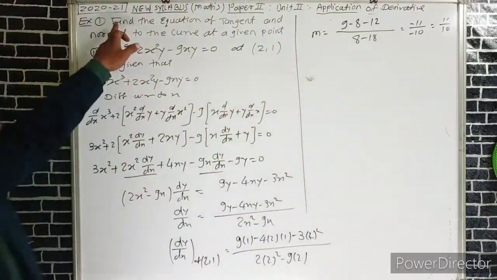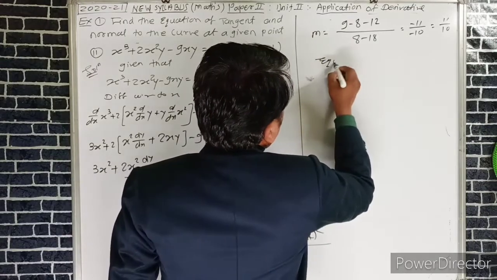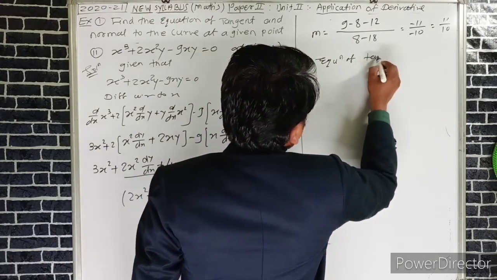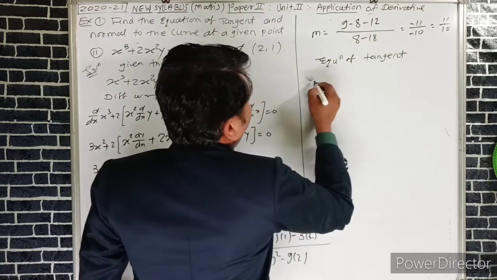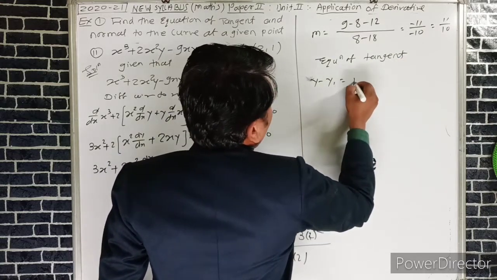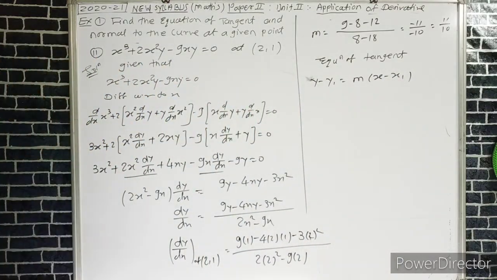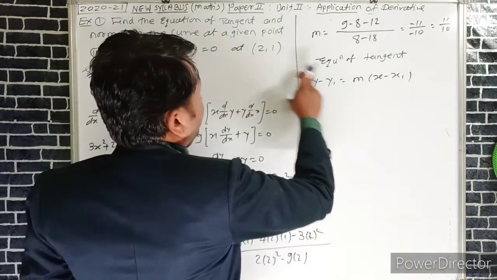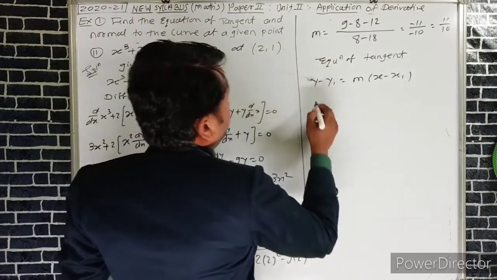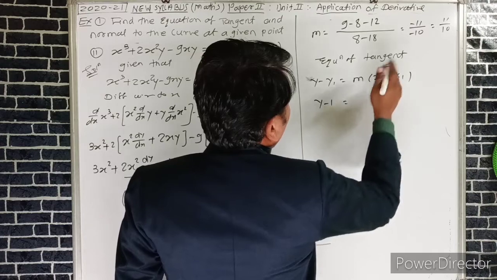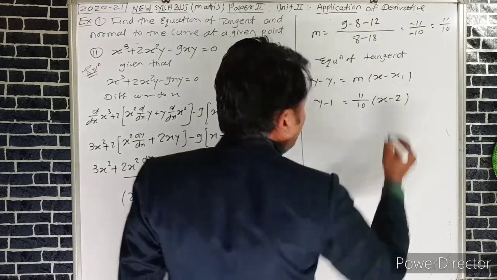And to find the equation of tangent, first we write the equation of a tangent: y minus y1 is equal to m times (x minus x1). Here the x coordinate is 2 and the y coordinate is 1, so y minus 1 is equal to 11 by 10 into (x minus 2).